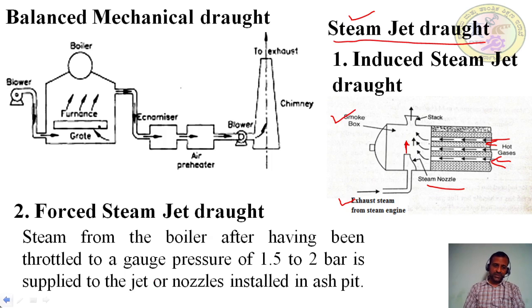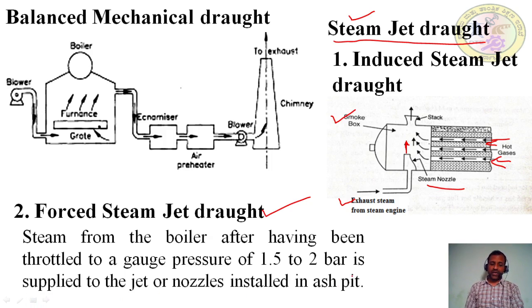Then next we will see what is the forced steam jet draught. In the case of forced steam jet, the steam from the boiler, after having been throttled to a gauge pressure of 1.5 to 2 bar, is supplied to the jet or nozzles installed in the ash pit.